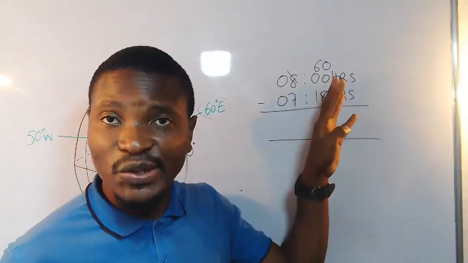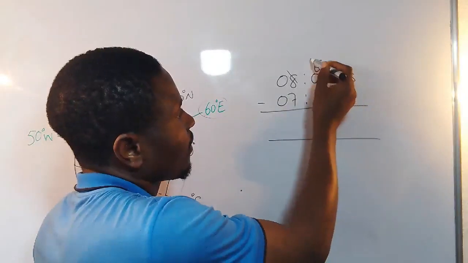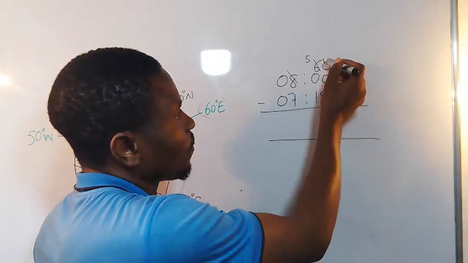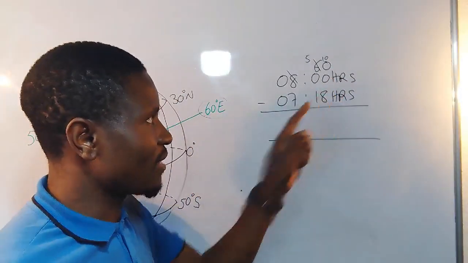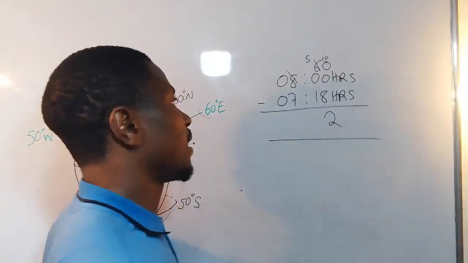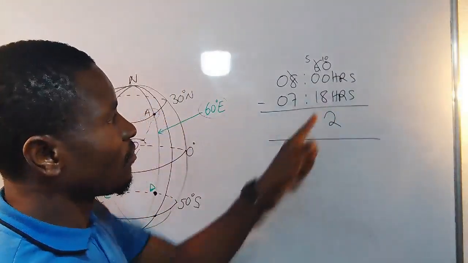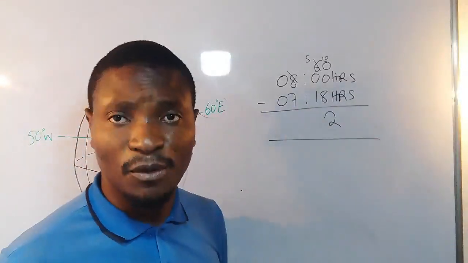Now, the moment I do that, I can say 1 there is 5, then 1 there is 10. So now 10 minus 8 is going to be 2. And now 5 minus 1 will give you 4.